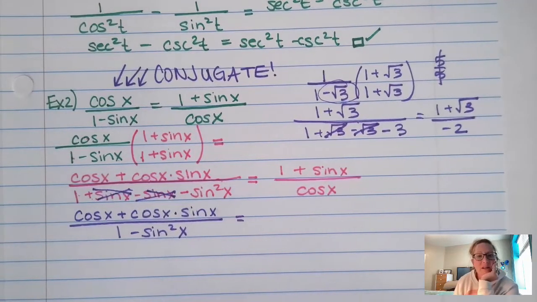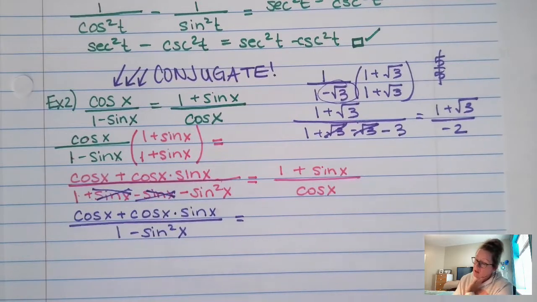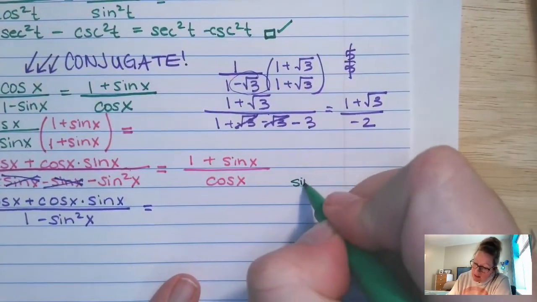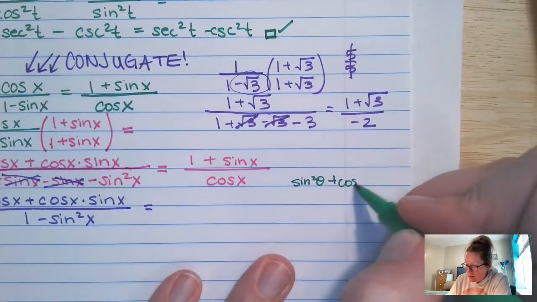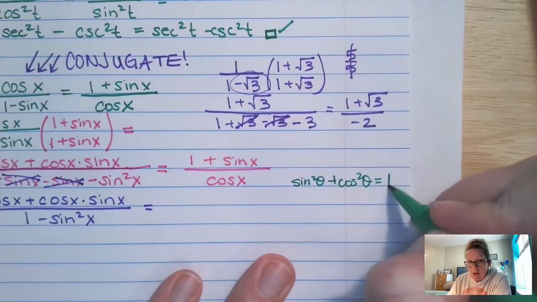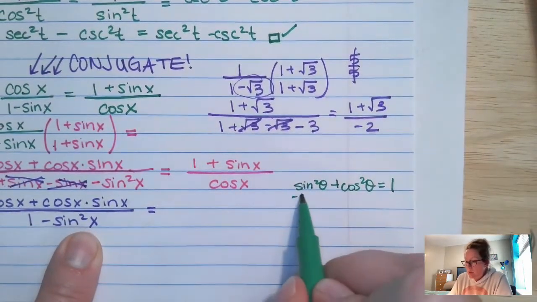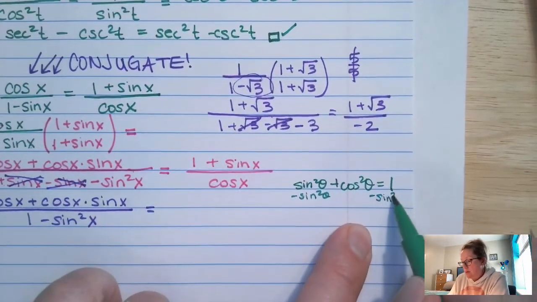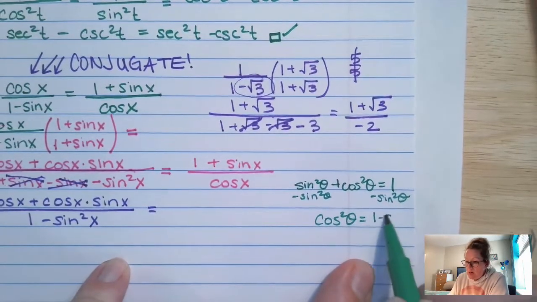What's 1 minus sine squared x? We have to use the Pythagorean theorem. If you look at your identities, you have sine squared plus cosine squared equals 1. So can I get it to be 1 minus sine squared? Yep. Cosine squared theta equals 1 minus sine squared theta.